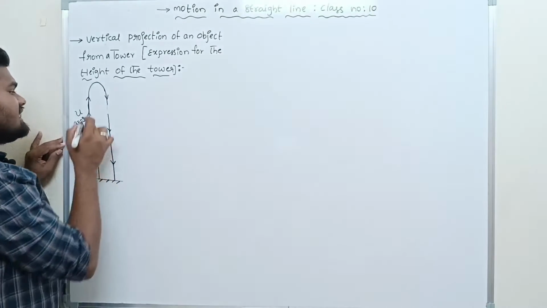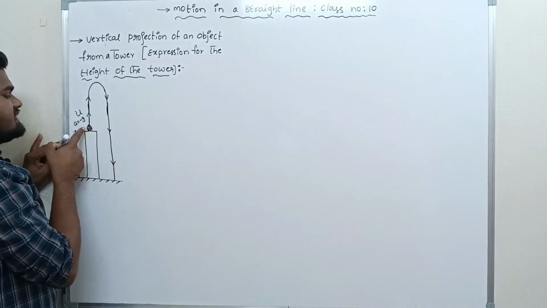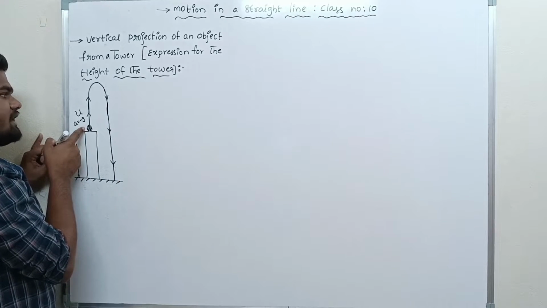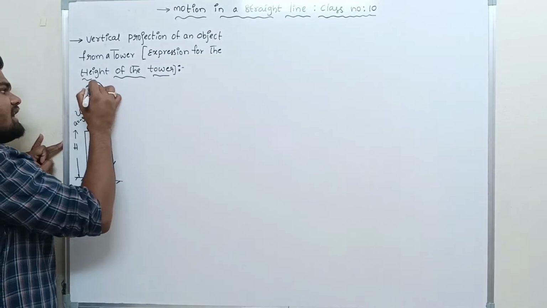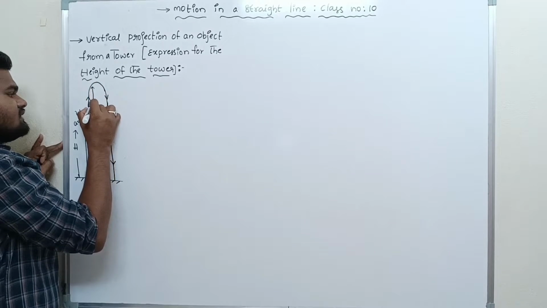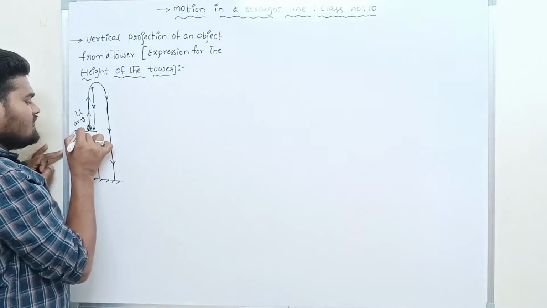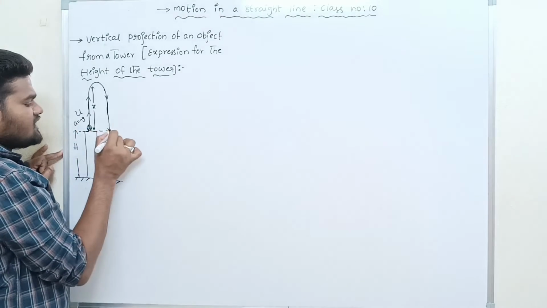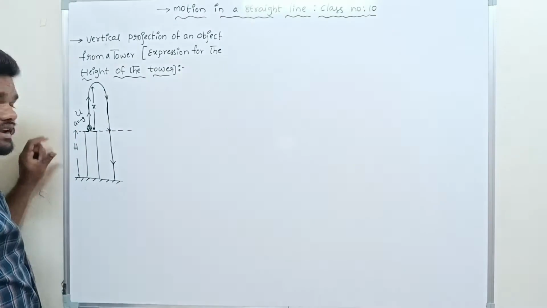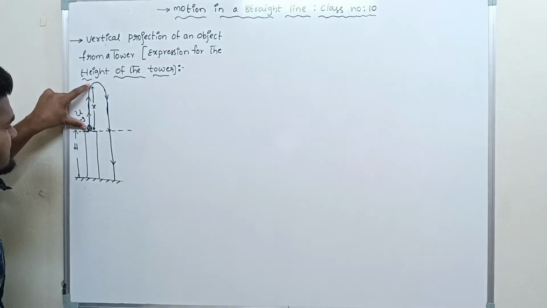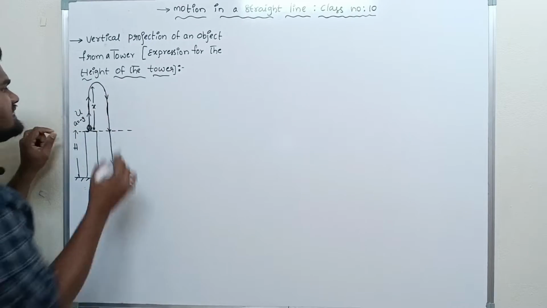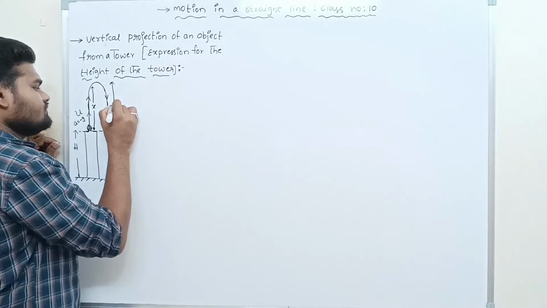I'm considering the displacement of the object from the point of projection to maximum height as x. This is the displacement of the object in the upward direction. I'm drawing the line from the top of the tower like this. If this displacement is x, then this displacement is also x.